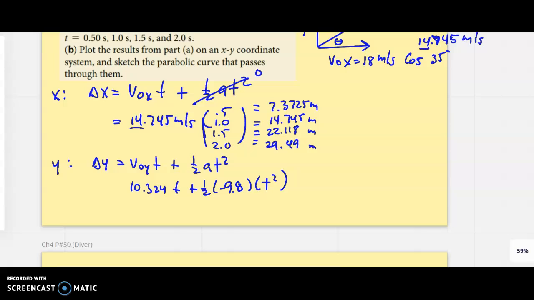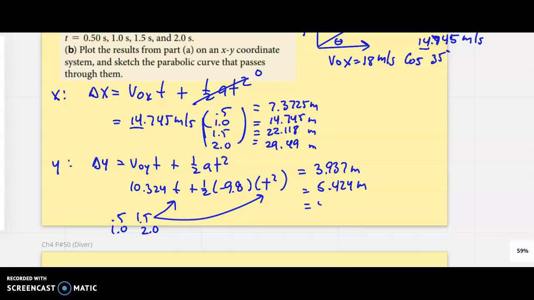And the same thing, in that t and that t, I'm going to put in 0.5, 1, 1.5, and 2. When I do that, for the 0.5, 3.937 meters. For the 1, 5.424 meters. For 1.5, 4.461 meters. And for the 2, I'm going to get 1.048 meters. There we go.